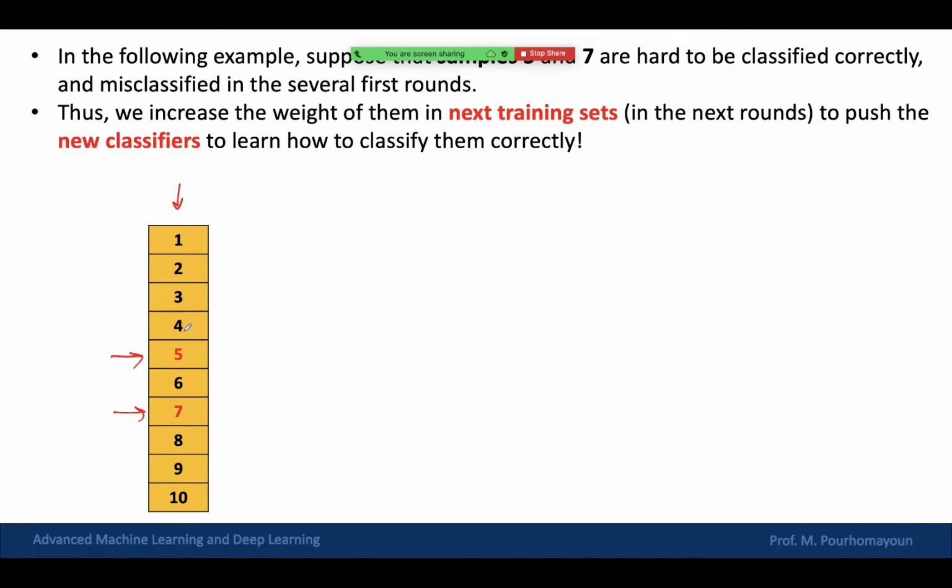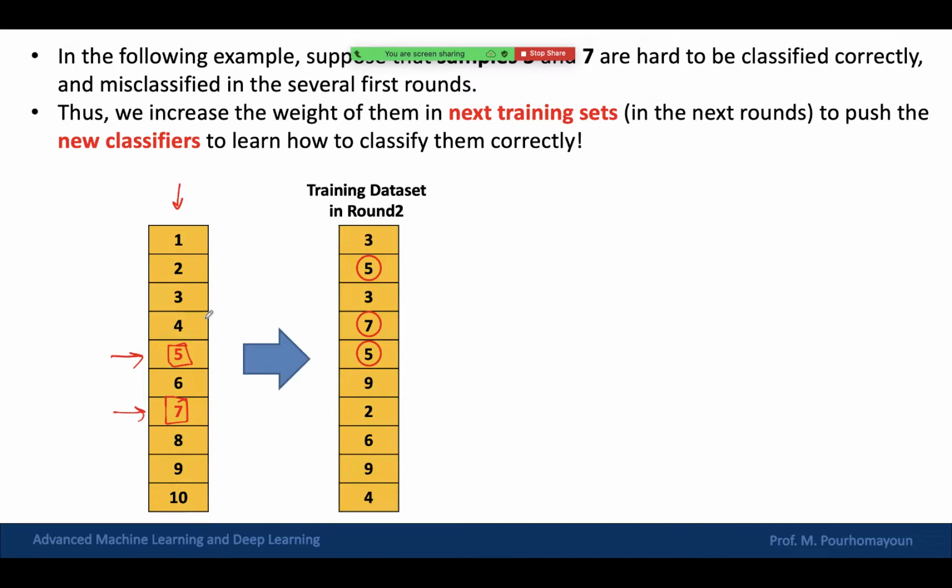So this is our first classifier, and it made a mistake for 5 and 7. By the way, this is the index of the data sample. So these 2 data samples were misclassified by this classifier. So we increase the weight of them in the next training set. So if this is the first training set, this will be the next training set. So I add another 5.